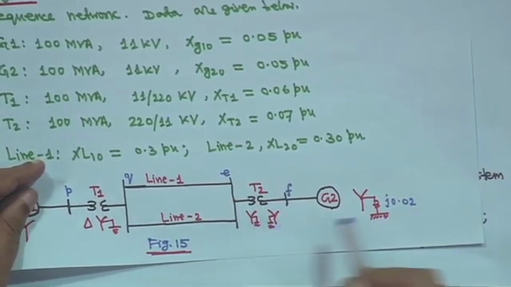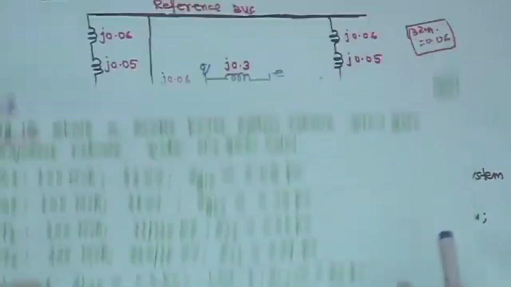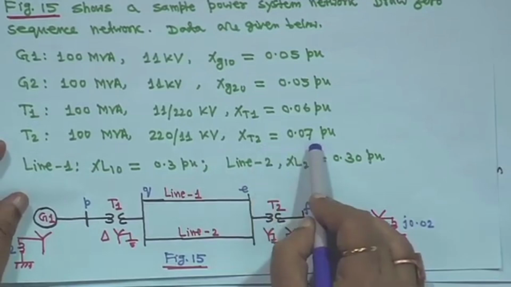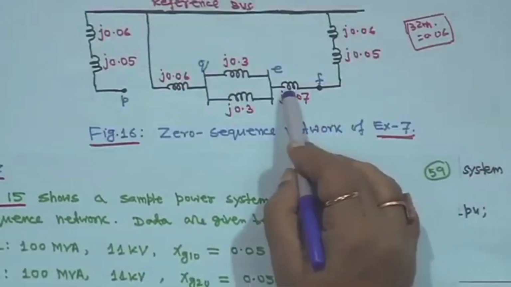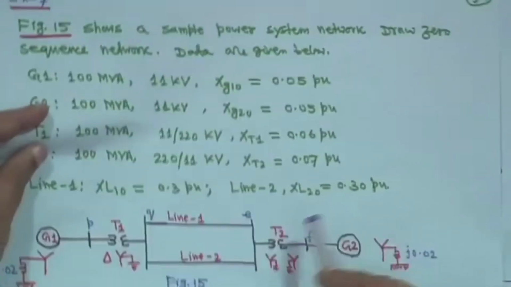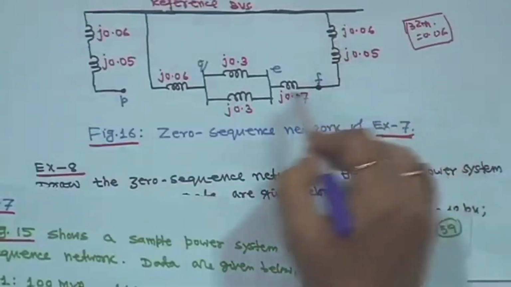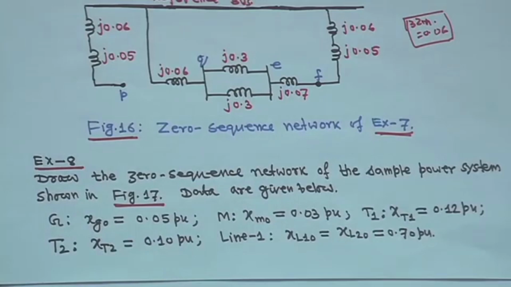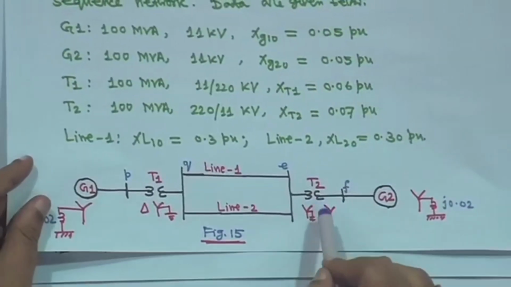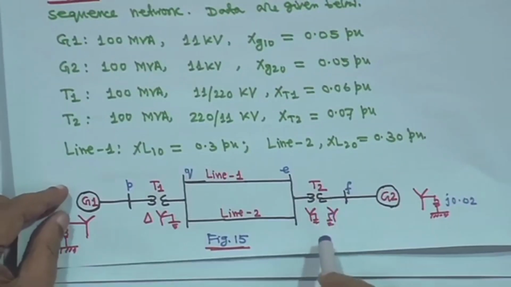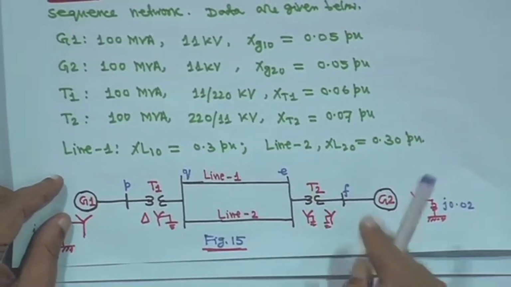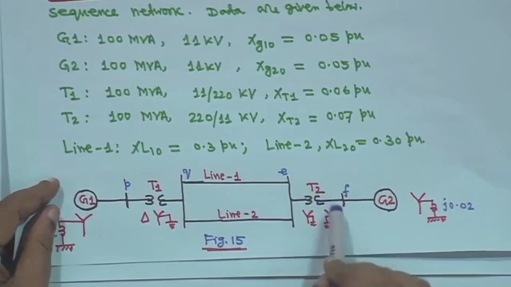Then you connect the second transformer, j0.07, to the line. So, this is the zero sequence diagram for this kind of problem. I am not drawing the positive and negative sequence because it is easy, but the zero sequence one is important. I hope you have understood this kind of problem.